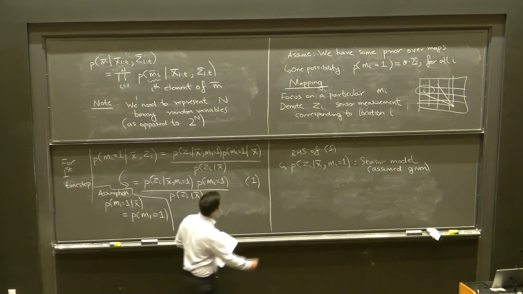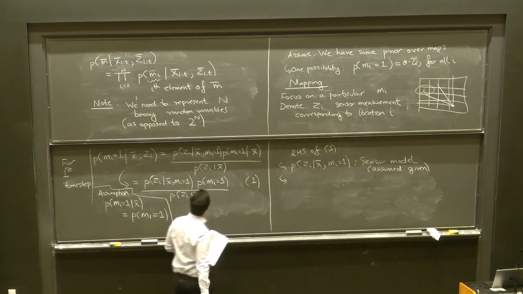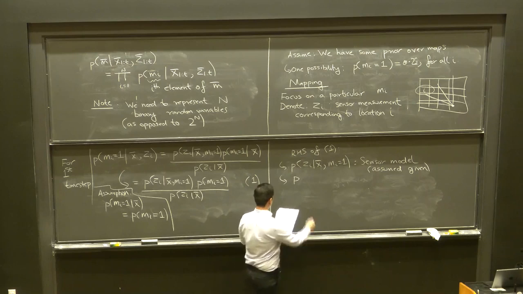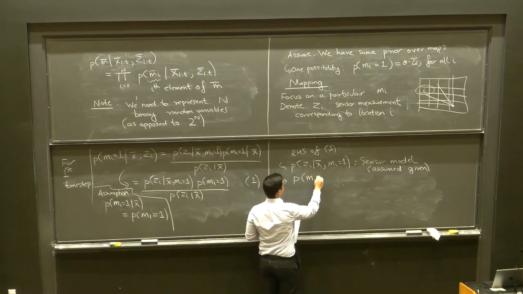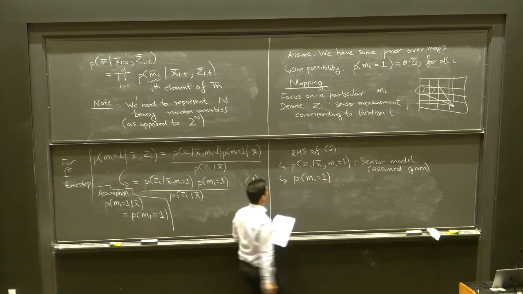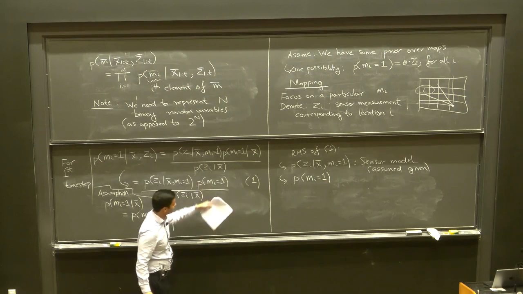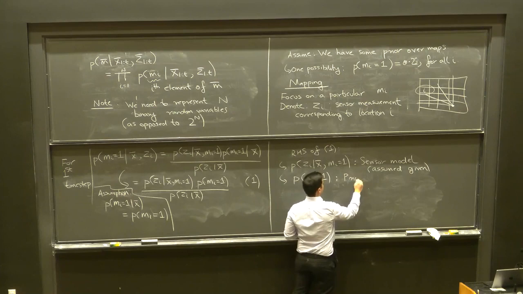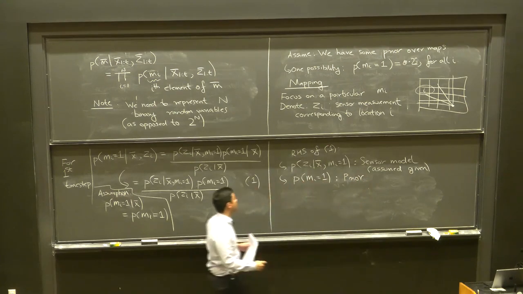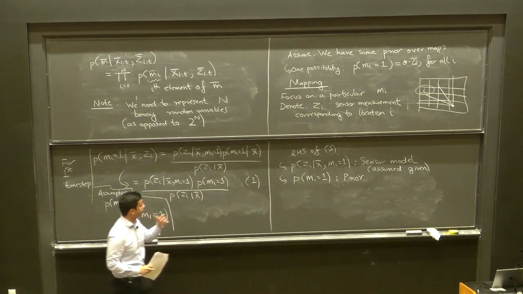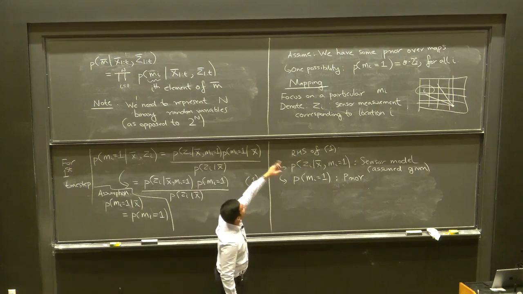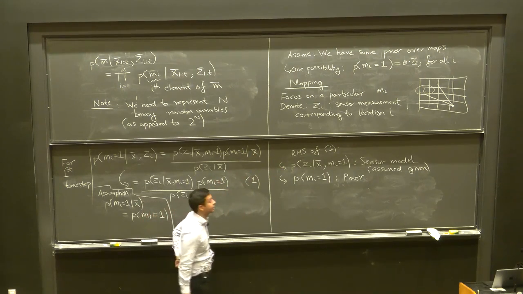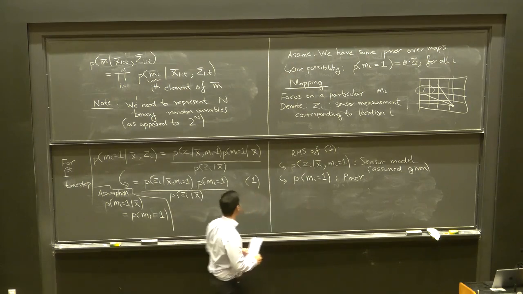The second term is P of Mi equal to 1. This is our prior, before the robot received any sensor information. There's some prior belief about whether or not the ith cell is occupied, which is also assumed to be given.